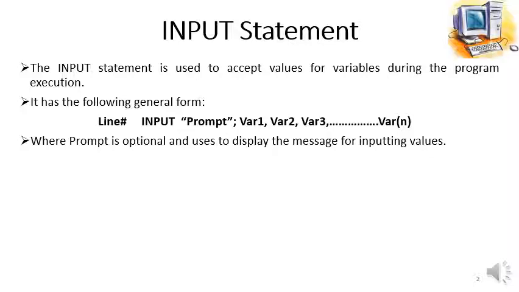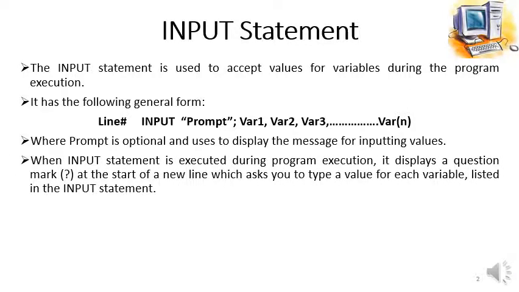Where prompt is optional and is used to display the message for inputting values. When the input statement is executed during program execution, it displays a question mark at the end of a new line, which asks you to type a value for each variable listed in the input statement.